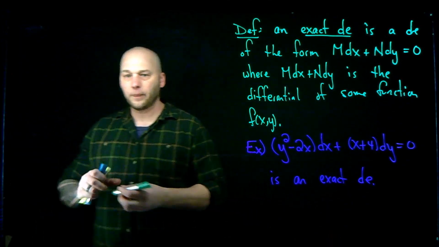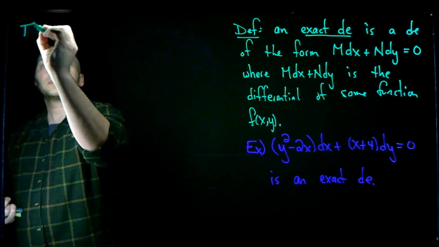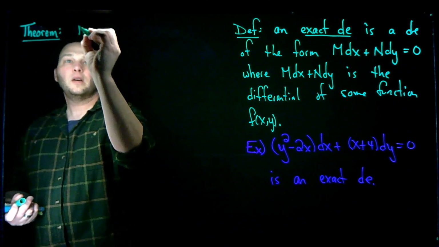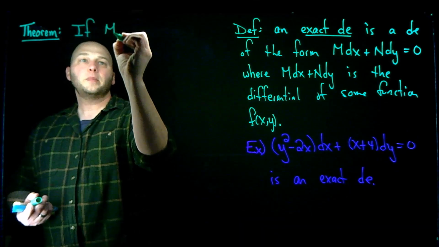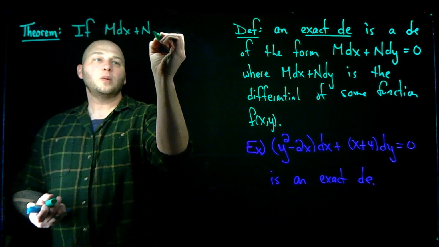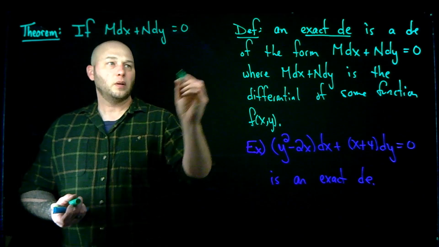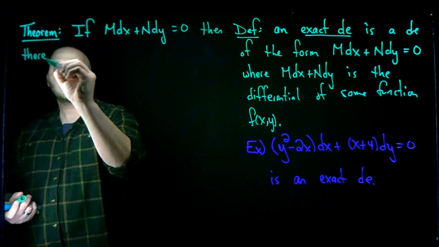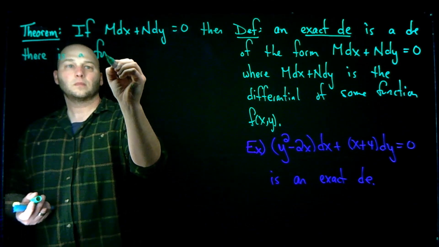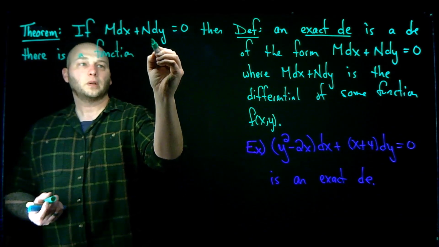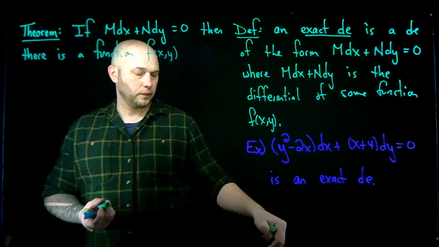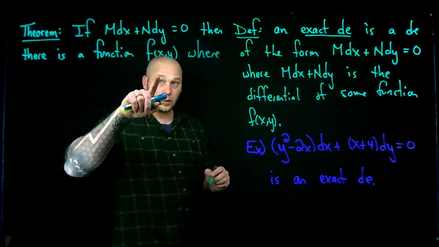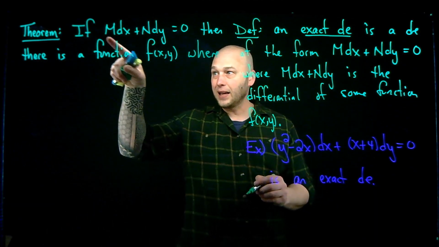that says the following. If M dx plus N dy equals 0 is exact, then there is a function f of x y where, again, the idea is that if I compute the differential of this, I get that expression.